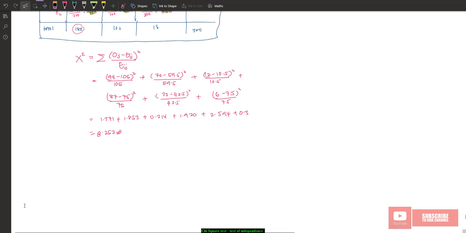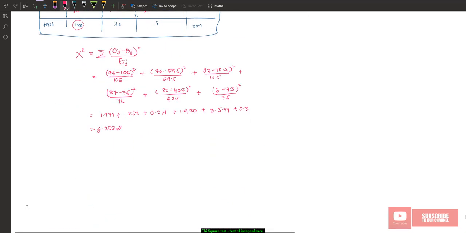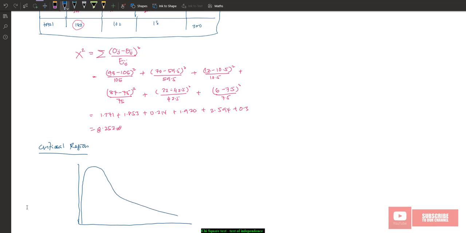Step number 3, we need to calculate the critical region. Our critical region, we are using a chi-squared distribution, so the distribution curve should be skewed to the right, right? So now we are looking into 1%. Alpha is equal to 0.01. Our degree of freedom is row minus 1 multiplied with column minus 1.